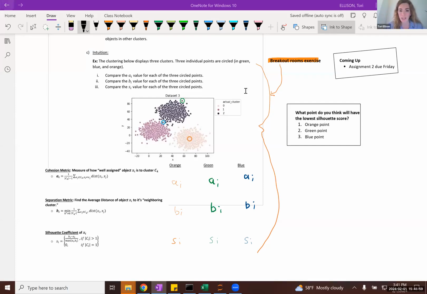Just to aggregate what we were discussing in the breakout rooms, we just opened up a Zoom poll. Of the orange, green, and blue points, which point do we think is going to have the lowest silhouette score? 1, 2, or 3?